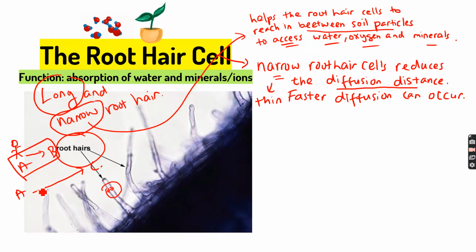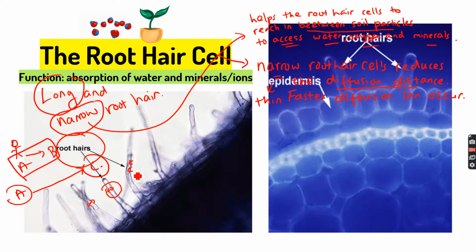So it's faster for you to get from A to B than from A to C. So having this very short distance gives it a much faster ability to let water diffuse into the root hair, firstly through diffusion into the cell wall, and then after that osmosis when it reaches the cell membrane, when water is finally entering the vacuole.